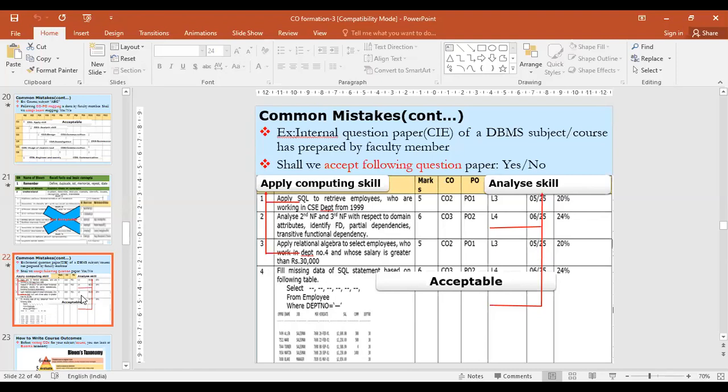Again, the 4th unit is related to NP hard and NP complete, the hardest topic. Again, we are framing the CO1 related to the 0th level, first level, that is remembering and understanding the basic concepts of NP hard and NP complete problems.